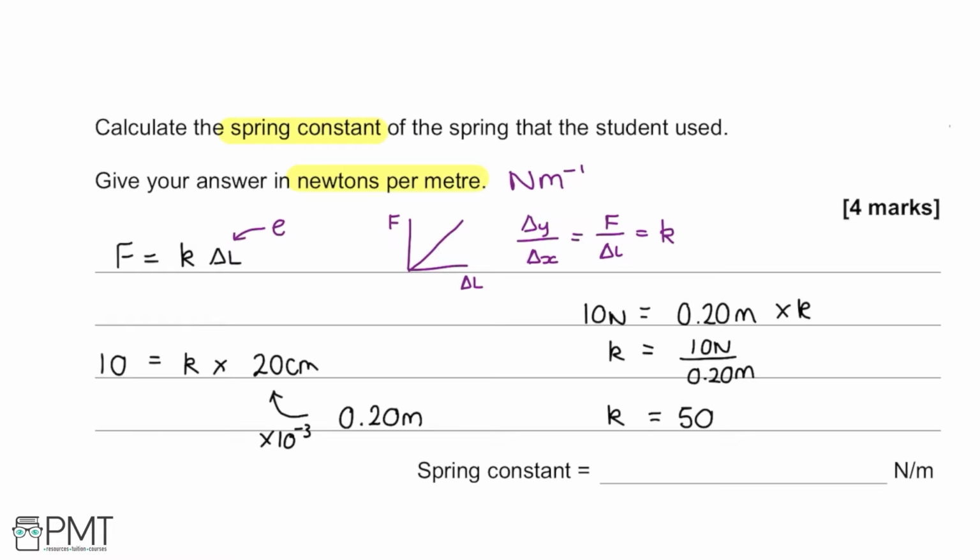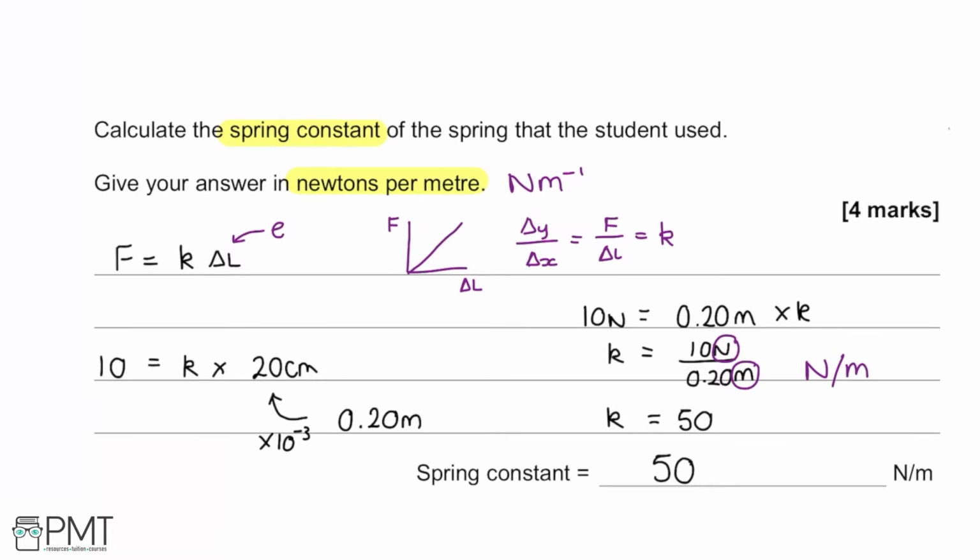Then I can just check the units here. We have newtons divided by metres, so that's going to be newtons per metre, which is, of course, the unit that we're looking for in this question. So our conversions have worked, and the answer for the spring constant is going to be 50.